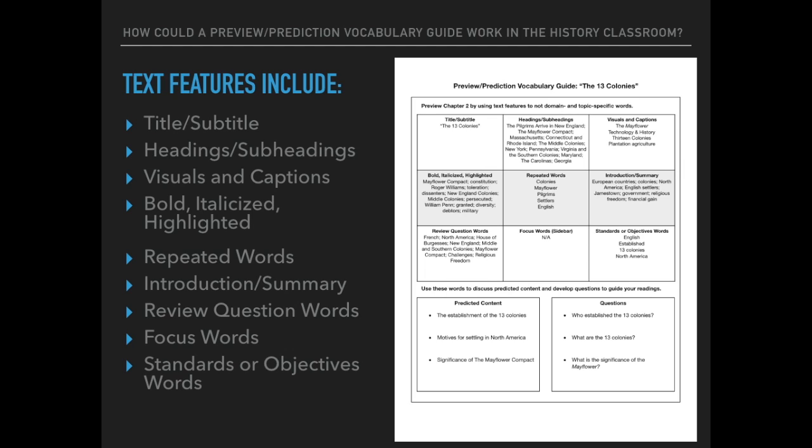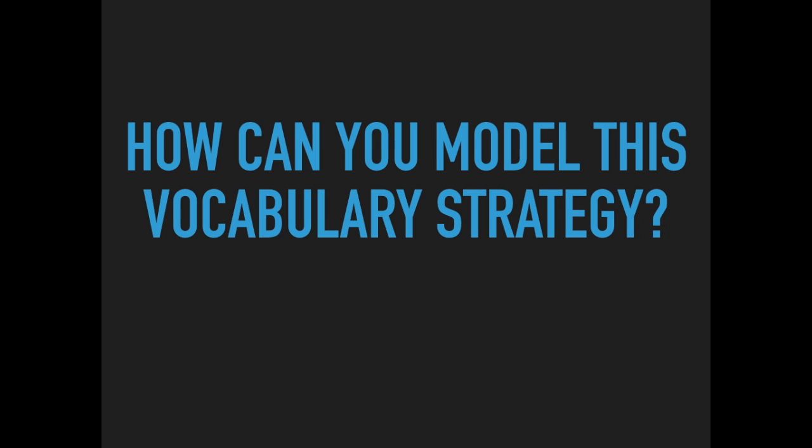Note that NA is placed in the cells if that feature is not used in the text. In this example, there are no focus words included in the sidebar. When designing your guide, you may want to change the features to better match your lesson and the text you use.